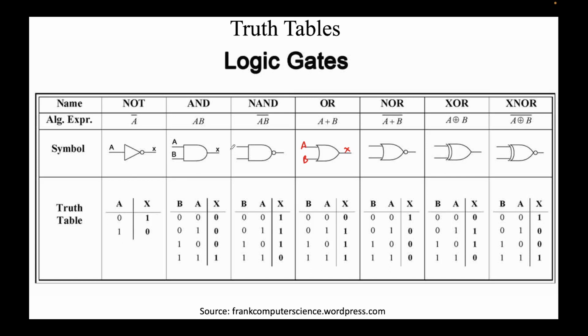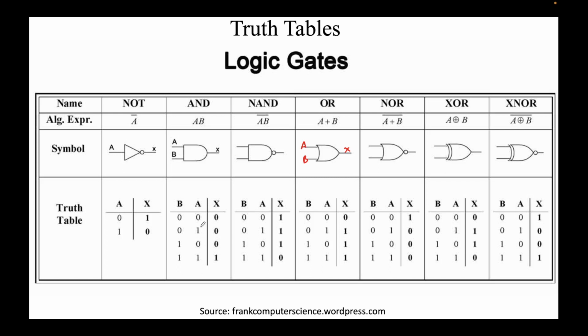Similarly, in the case of the AND gate, this is a two input AND gate, so we are providing two inputs B and A, and the four possible combinations are: both inputs are 0; only A is 1, B is 0; the third combination is B is 1, A is 0; and the fourth is A is 1 and B is 1. These are the only four combinations possible with a two input gate.